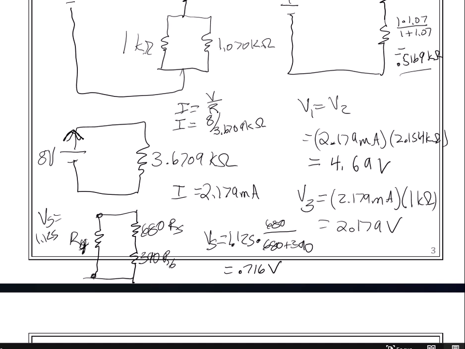Now, I could do the same thing and do a voltage division to find the voltage across R6, or I can say that V6 is going to be 1.125 minus 0.716, which is 0.409.